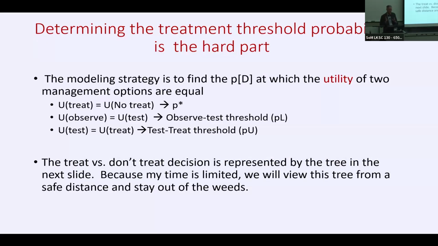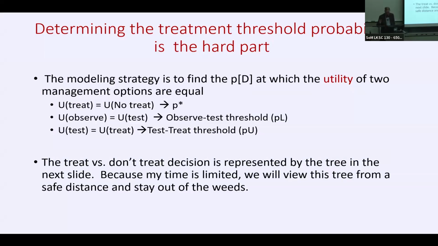Easy going so far, but now we're going to get down into the weeds. Figuring out the treatment threshold probability is really a tough problem here. The modeling strategy is pretty simple. You try to find the probability of disease where one action and the other action are equivalent, that they have equal value.